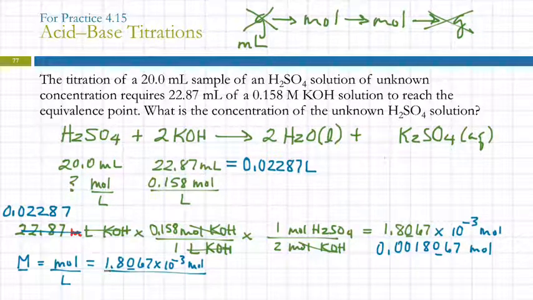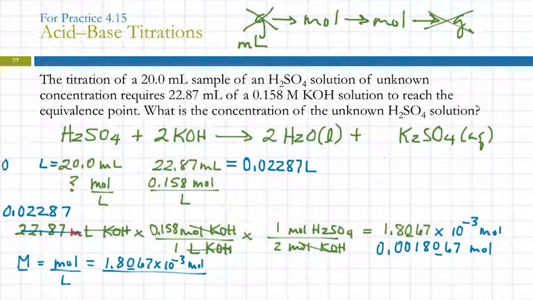And I need to divide by the volume in liters. So I also have to convert 20 milliliters into liters. Again, I'm converting from a small unit to a large unit. I'm going to move the decimal point to make the number smaller. Big unit, small number. Small unit, big number.